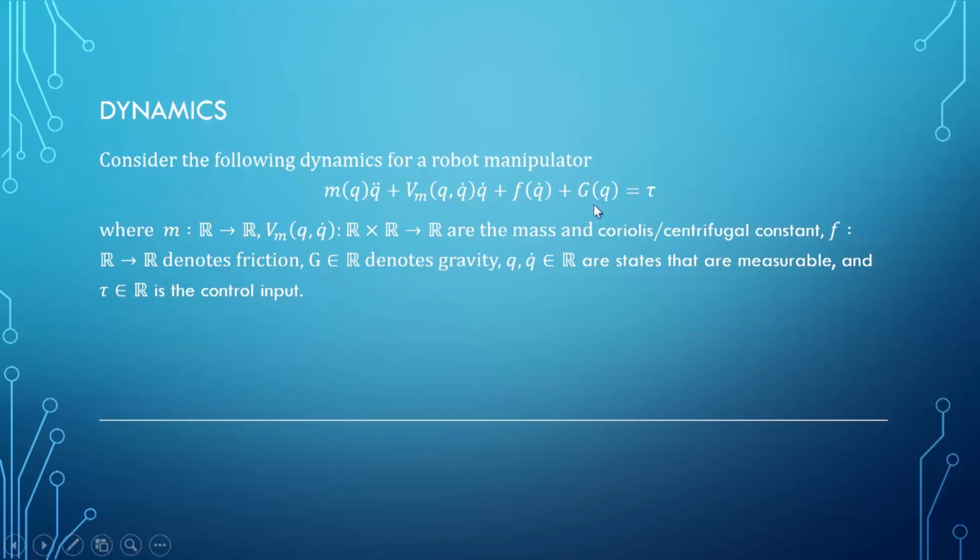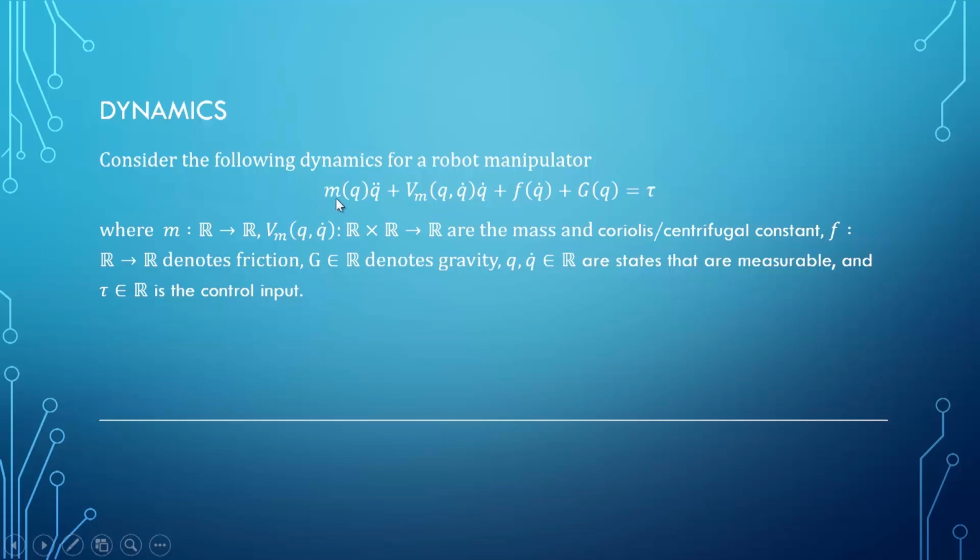G is the gravity. So this ODE truly describes the robot manipulator dynamics. And here we assume that all these parameters are known. That means M, Vm, F, and G are all known. The difference here is M is a function of Q.